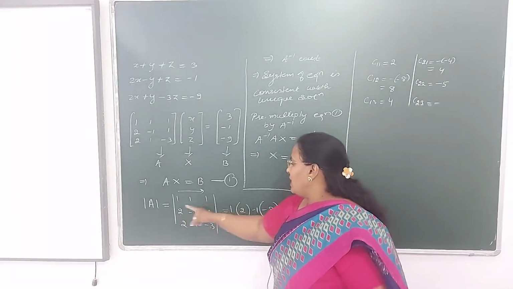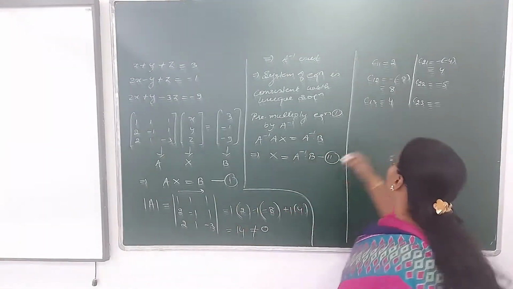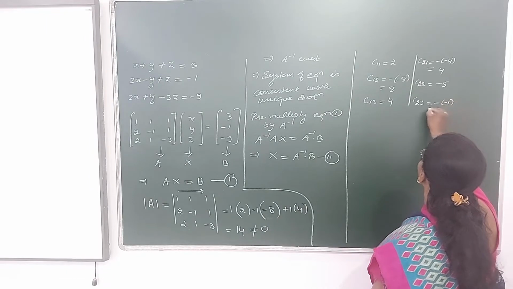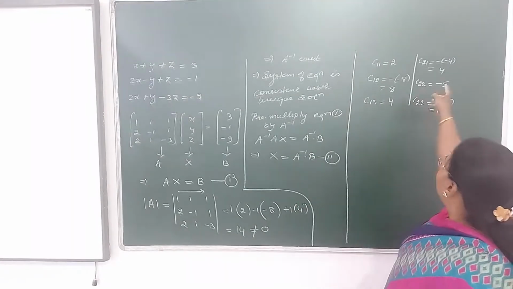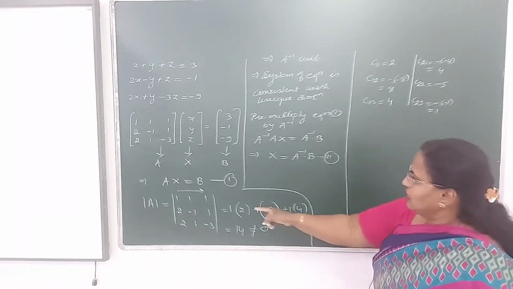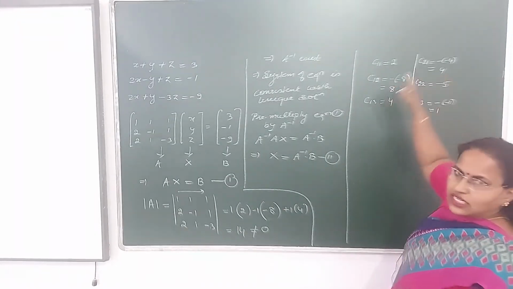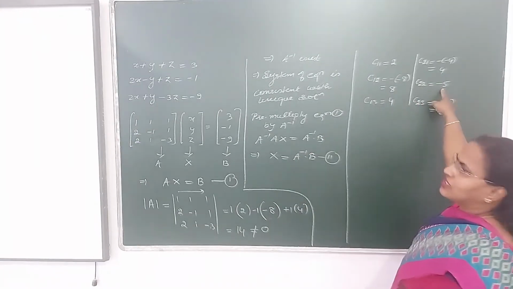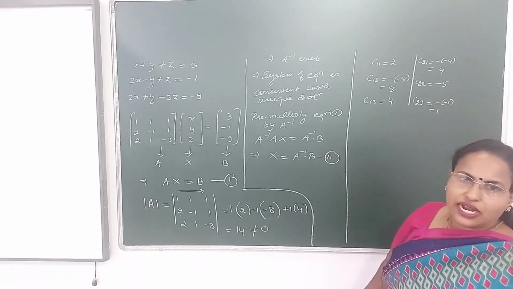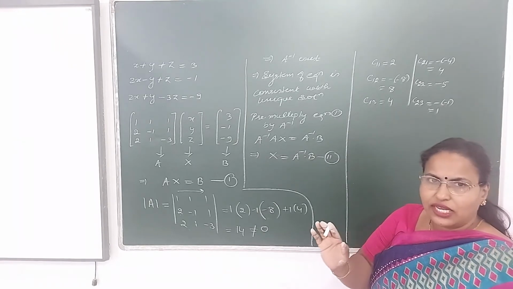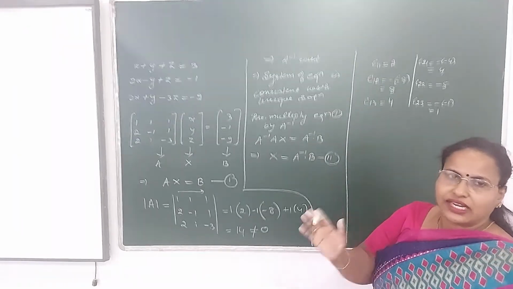So C23 it's 1 minus 2, it's minus 1. So the answer is plus 1. Let us check it fast. Second row element multiplied by the second row cofactor. So it's 2 into 4, 8. 8 plus 5 is 13. 13 plus 1, it's 14. That means the second row cofactor is absolutely correct.